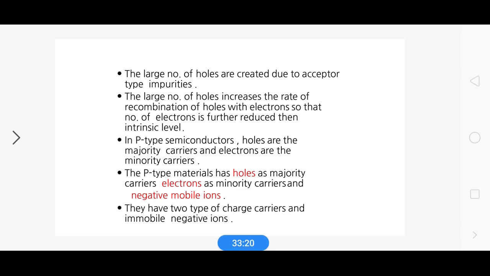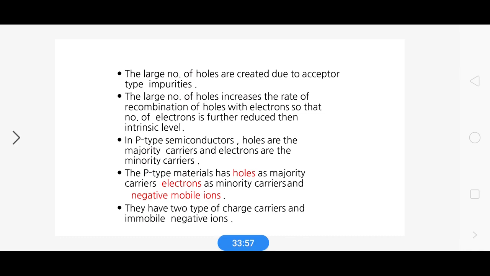In a p-type semiconductor, holes are majority charge carriers and electrons are minority charge carriers. There will be negative immobile ions. Negative immobile ions means it is accepting an electron to complete the covalent bond, right?